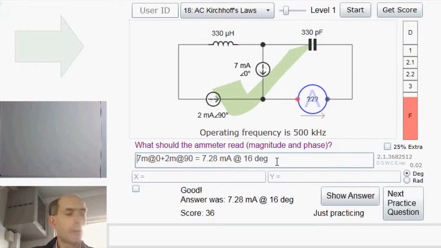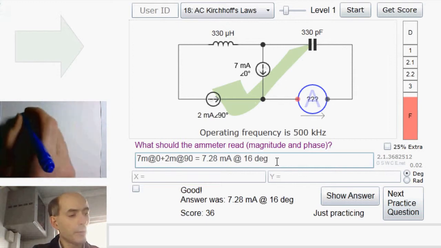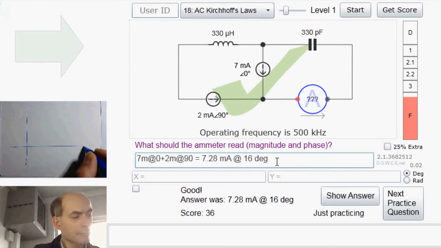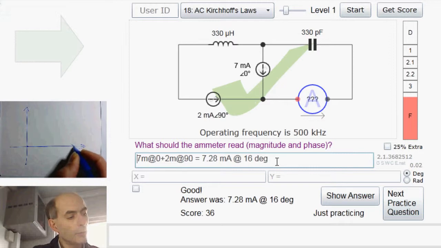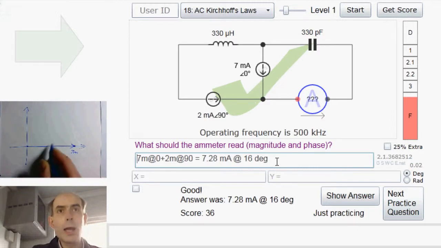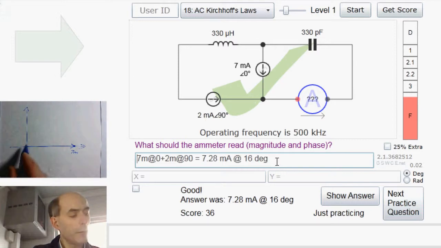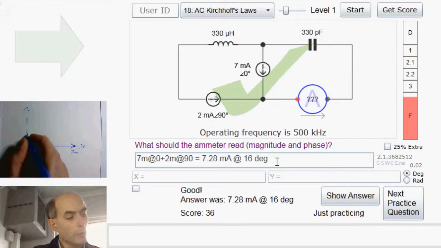If we wanted to think about that in terms of a phasor diagram, we'd have something like this. 7 milliamps at 0 degrees would be a phasor along the real axis to there, and 2 milliamps at 90 degrees would be a phasor up the imaginary axis to 2 milliamps.